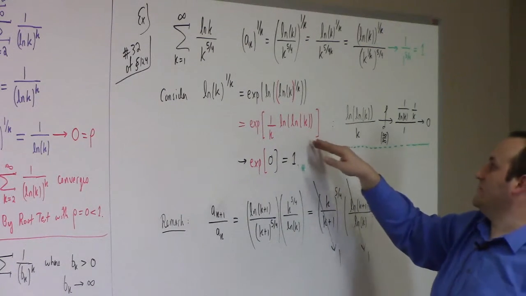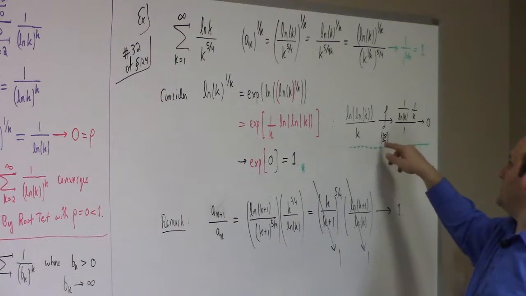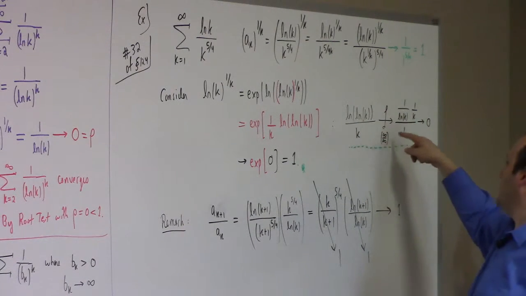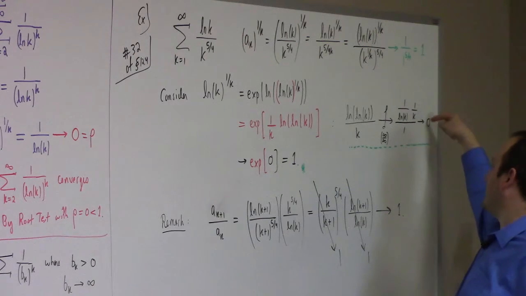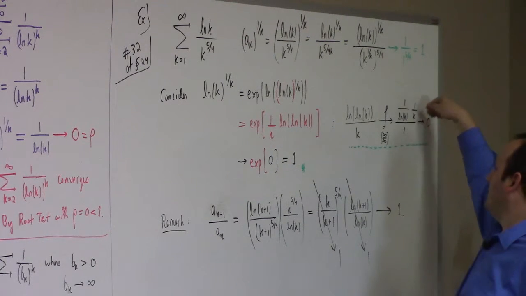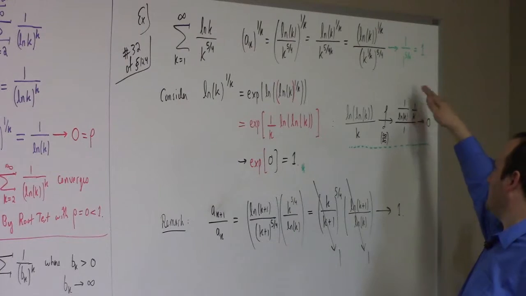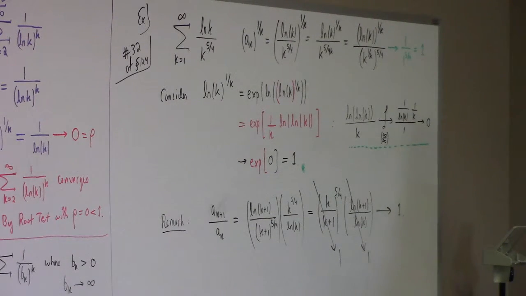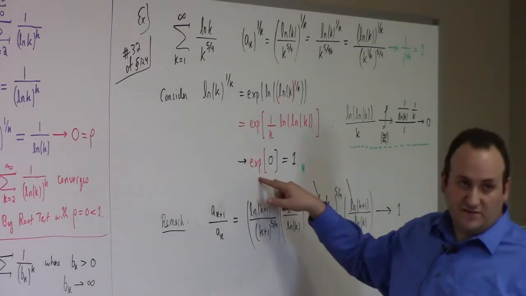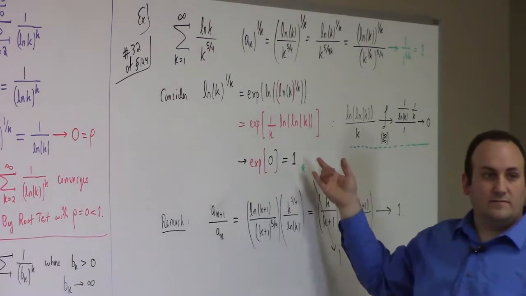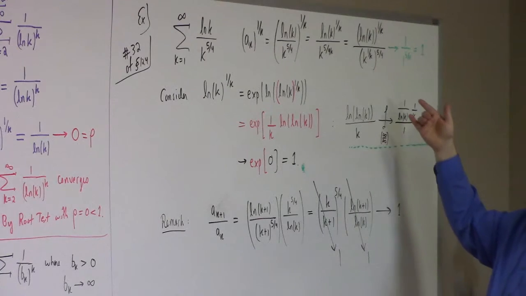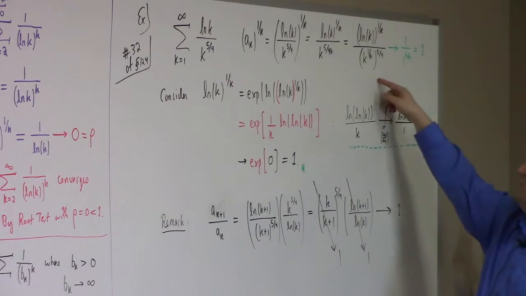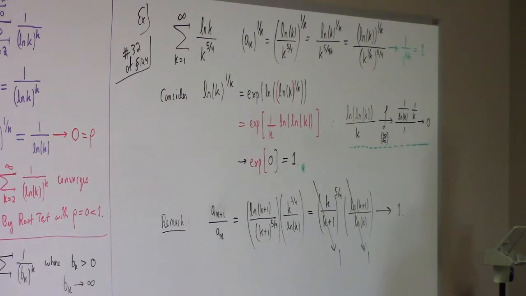But log k divided by k, by L'Hopital's rule, infinity over infinity, gives 1 over k divided by 1, which tends to 0. So the power tends to the exponential of 0, which is 1. So all this work has shown me the root test does not apply in a conclusive way. The root test is worthless.